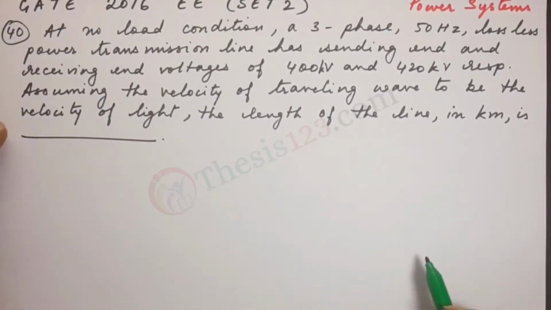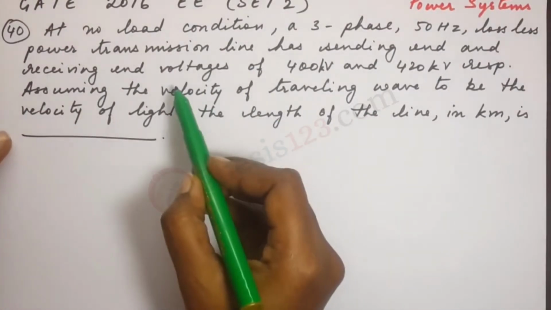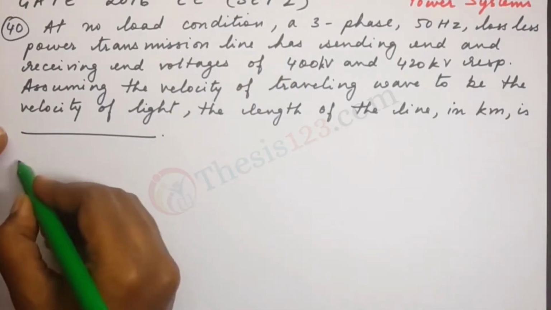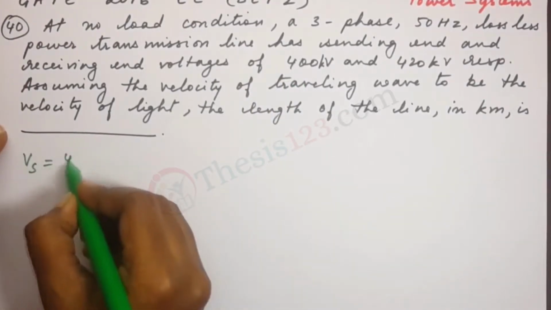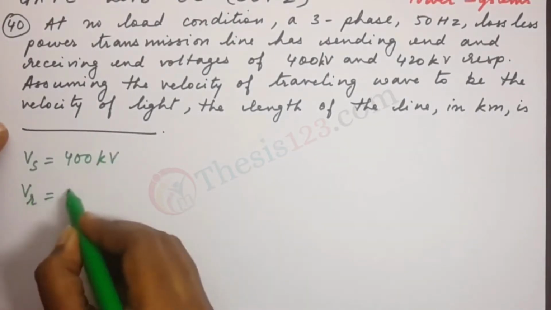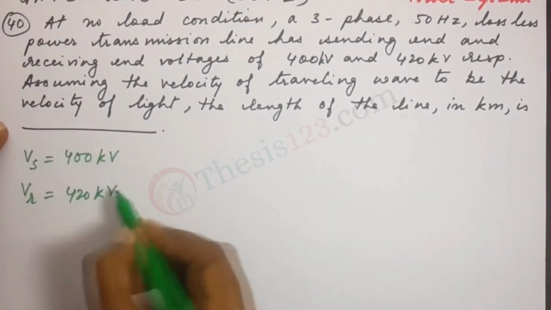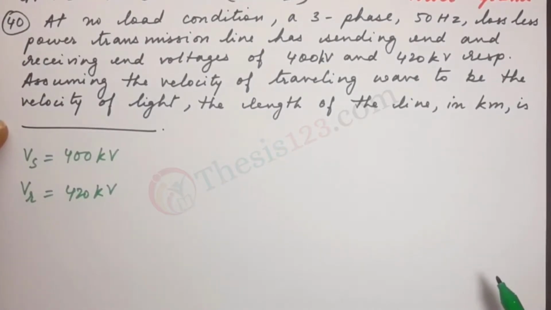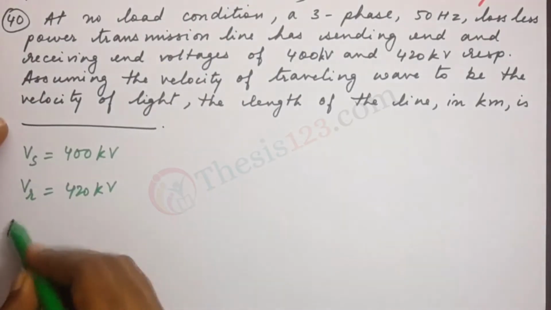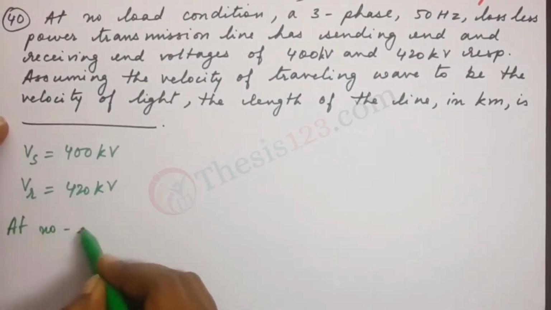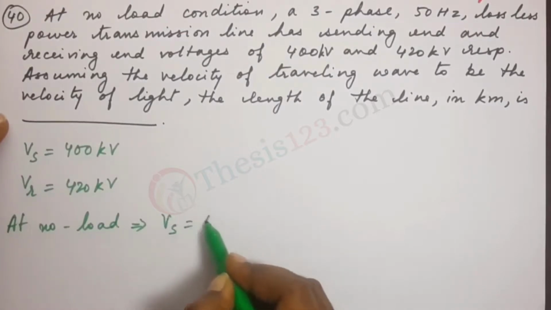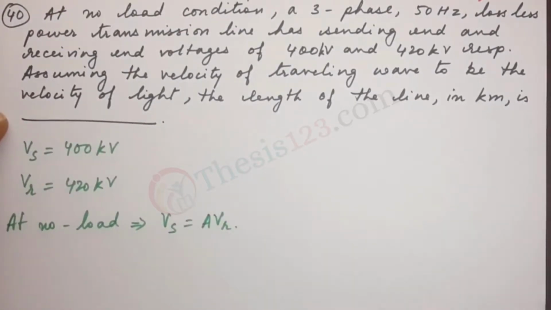Okay, so let's first write down what's given to us. We have been given the sending end and receiving end voltages here. So that's Vs is given as 400 kV and Vr is given as 420 kV. Now the question talks about no load condition. So at no load, we need to remember the relation that Vs is equal to A times Vr.